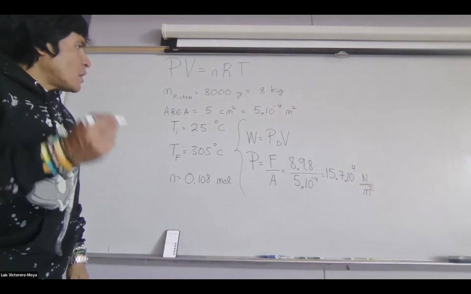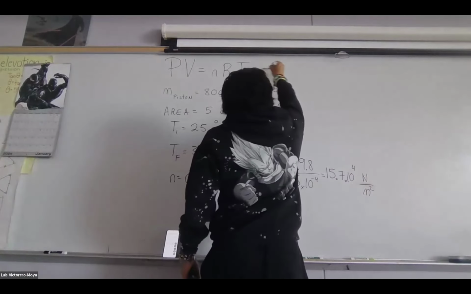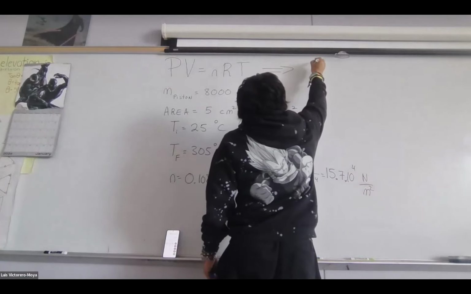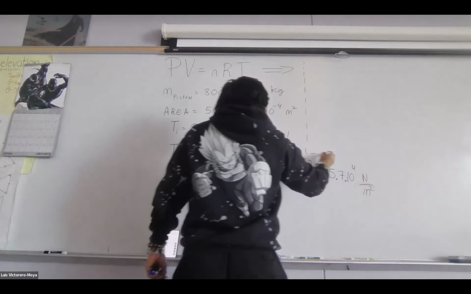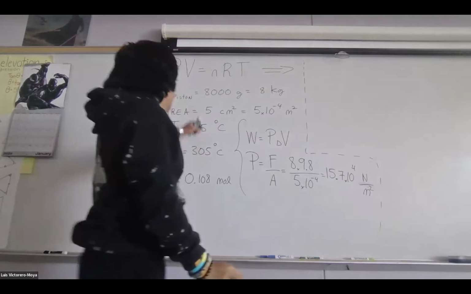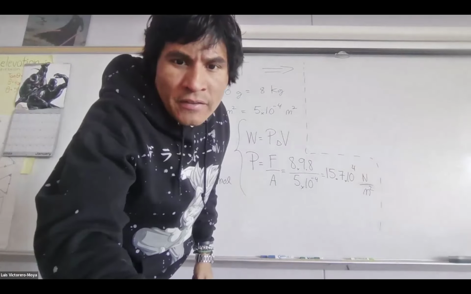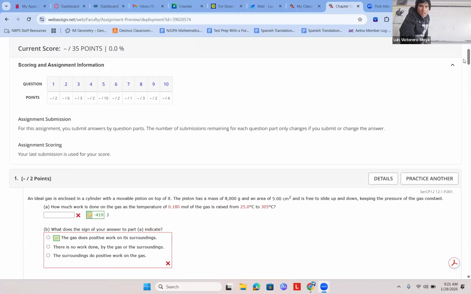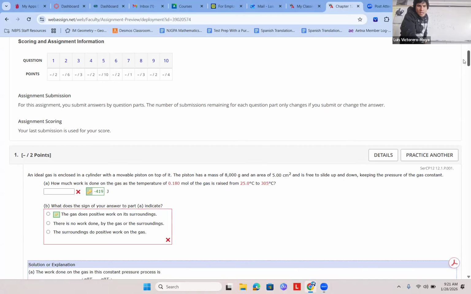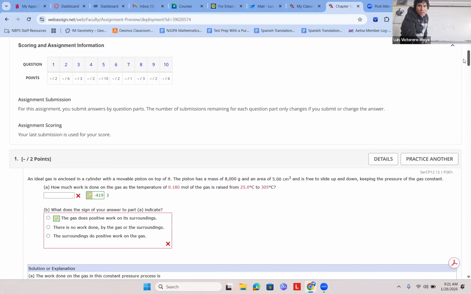To find the initial volume and final volume, I use this. We have pressure, which in the problem, I'm going to show you guys now the problem. There, right? So in the problem, it says you get a constant pressure.